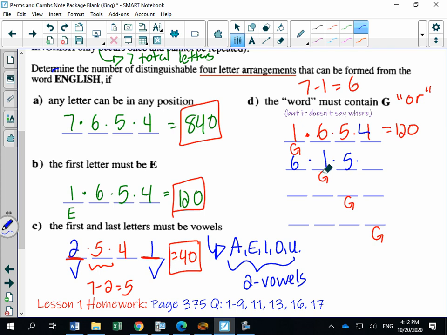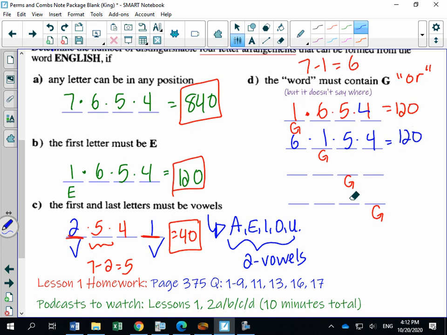If the G goes here, there's 1 choice to go there. Out of my 7 letters, I've used up 1, so I've got 6 letters there, 5 possible choices there, 4 possible choices here, 120 possible arrangements. Let's figure out if the G is here. If the G is here, there's only 1 G. Once I use up that G, I've got 6 letters to go there, 5 letters to choose from to go there, and 4 letters to choose from to go there.